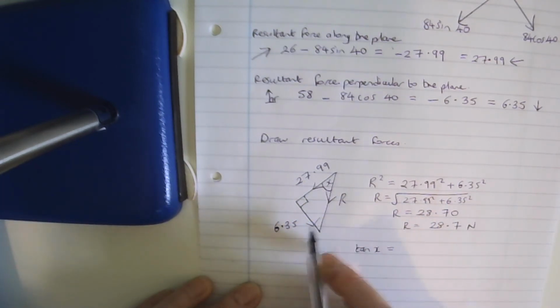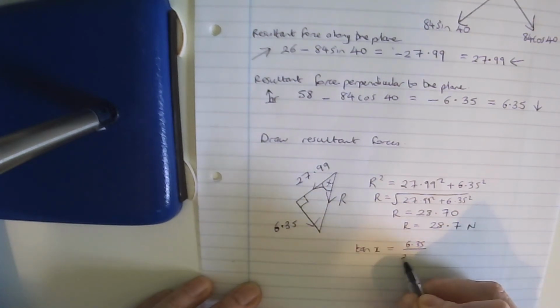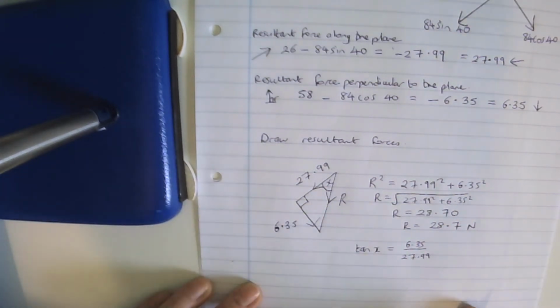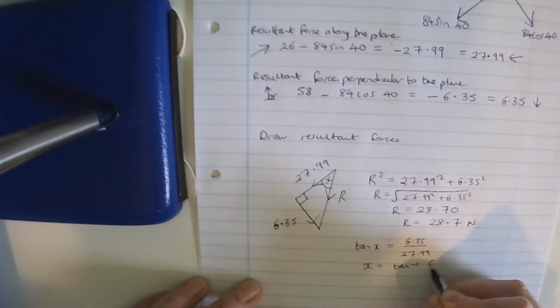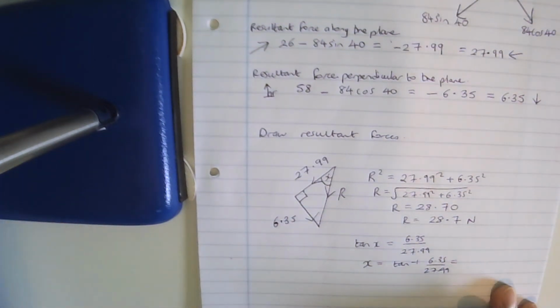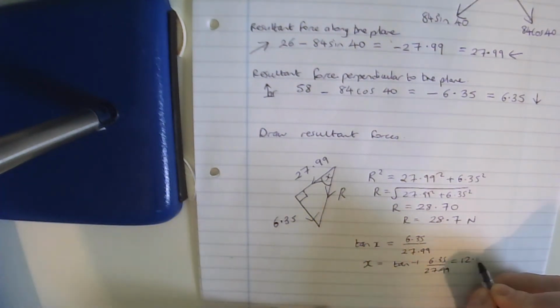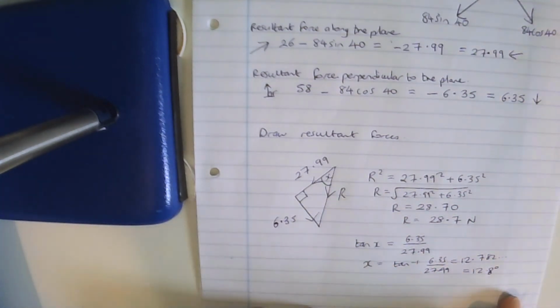I'm not going to bother with this one here. So tan of x is the opposite, 6.35, over 27.99. Obviously we're going to just do tan to the minus 1 of that, and that will give us there, with our calculator, 12.782 and so on, and we'll round that to 12.8 degrees there.